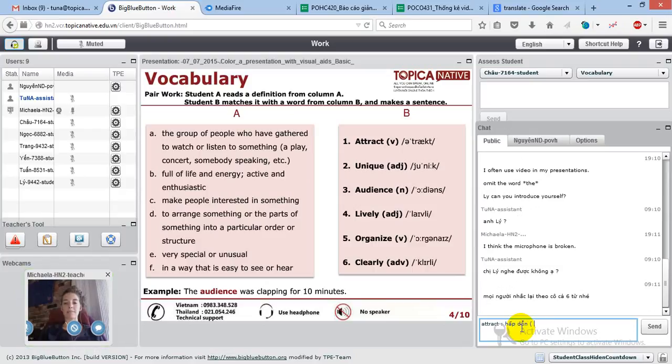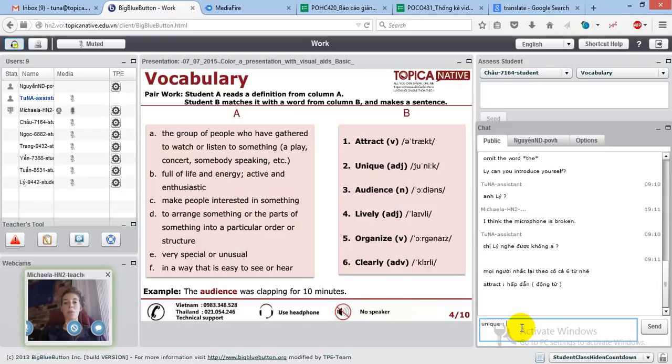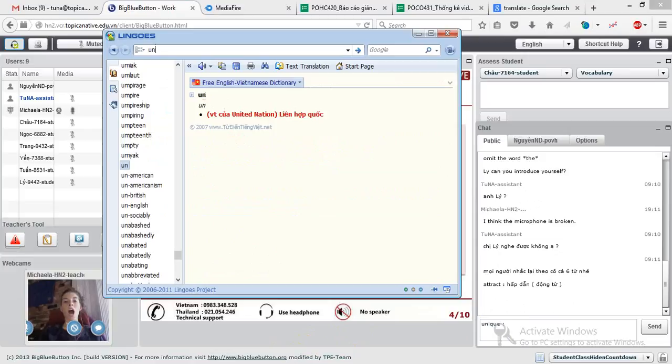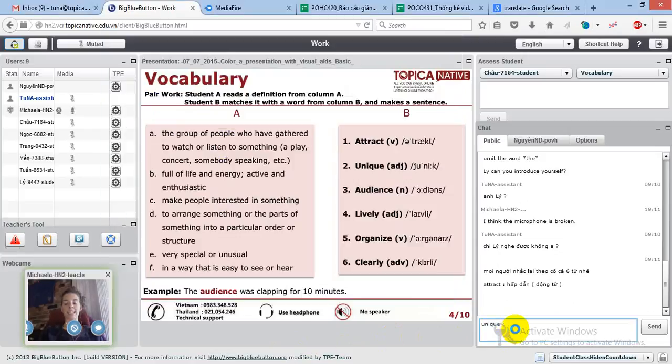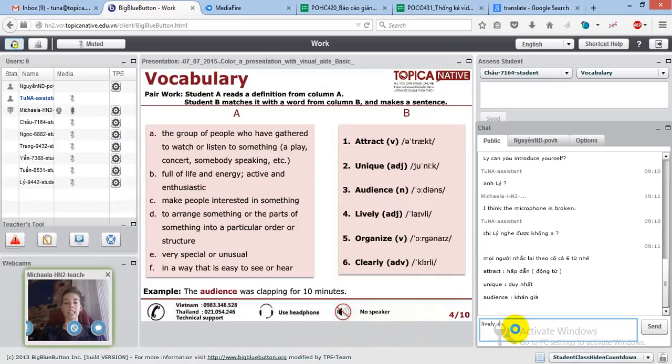Clearly. All right, so let's practice that one more time. Attract. Unique. Audience. Lively. Organize. Clearly.